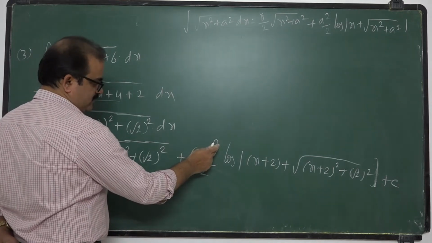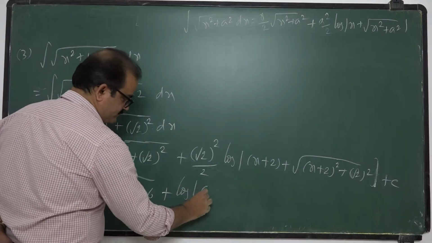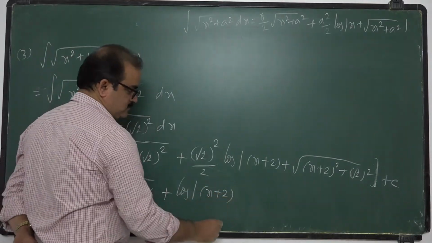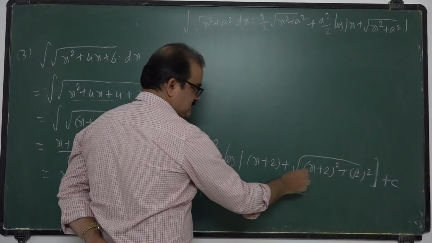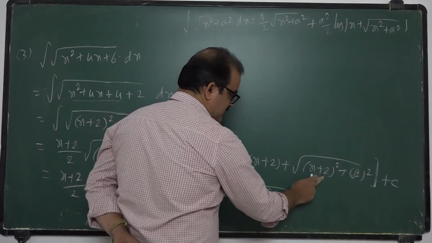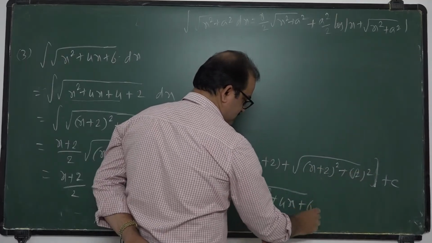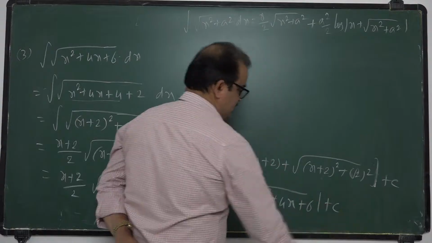Root 2 whole square is 2, 2 by 2 is 1. Log of x plus 2 plus root of, here also expand it, x square plus 4x plus 4 plus 2, that is 6, plus c.